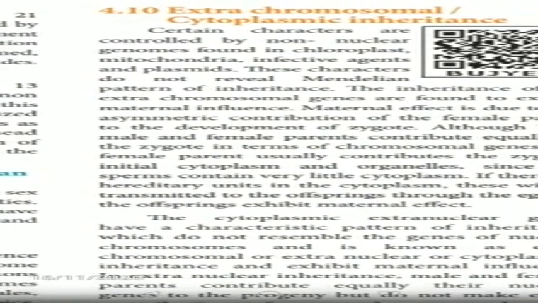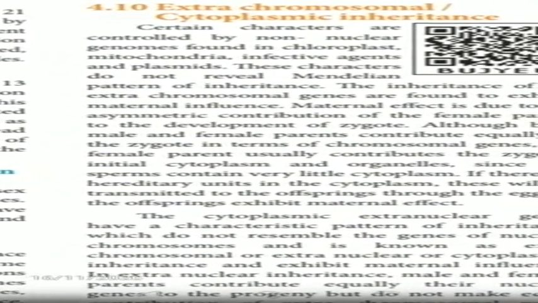So these characters do not reveal Mendelian patterns of inheritance. In Mendelian inheritance, the characters expressed in one generation are inherited to the next generation. But here the characters are expressed by non-nuclear genomes found in chloroplast, mitochondria, infective agents and plasmids, that is why it is said to be cytoplasmic inheritance.